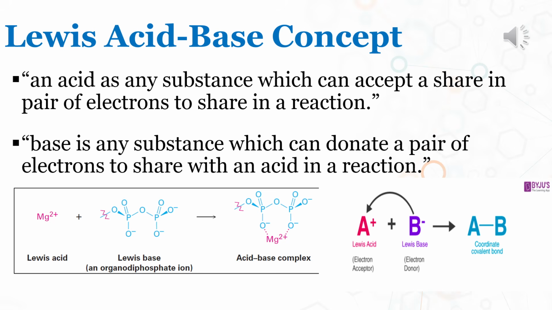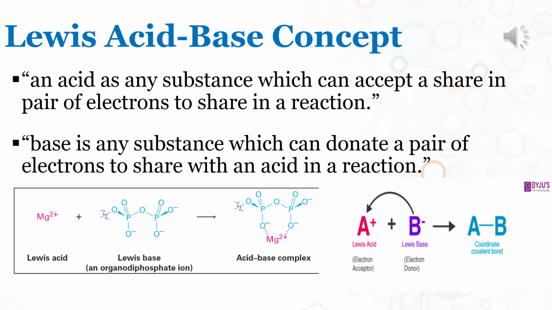Okay, so as you can see from the image on this slide, for the Lewis acid, we have magnesium. Since it is a Lewis acid, is it sufficient or insufficient of electrons?